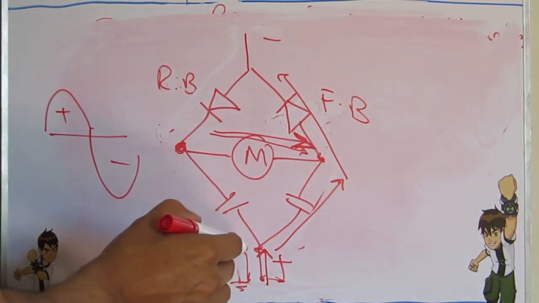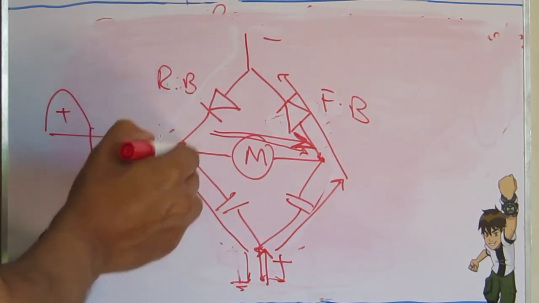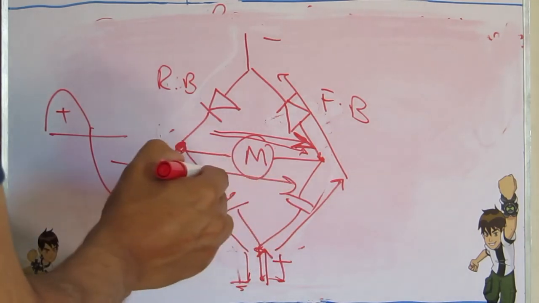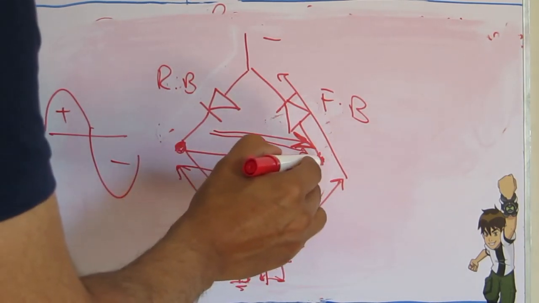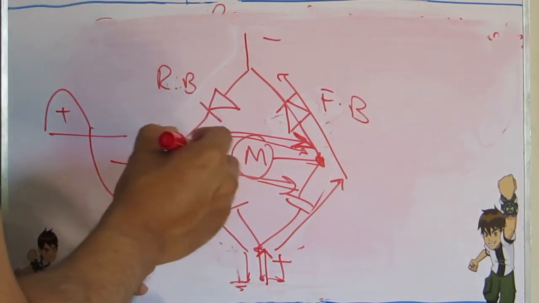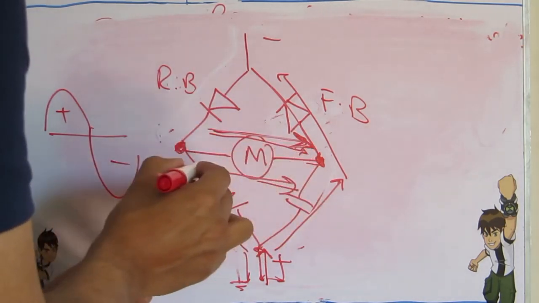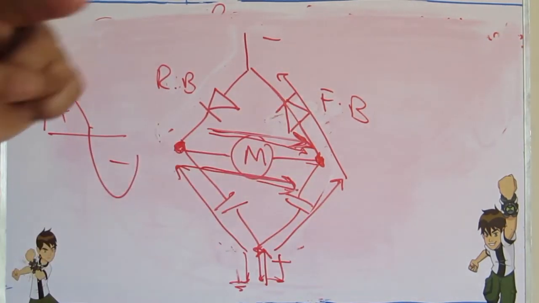And part of the current flows from here in this direction and from this place to here through the galvanometer and then back through this diode. So look at this: the direction of current through the galvanometer is the same during both cycles.